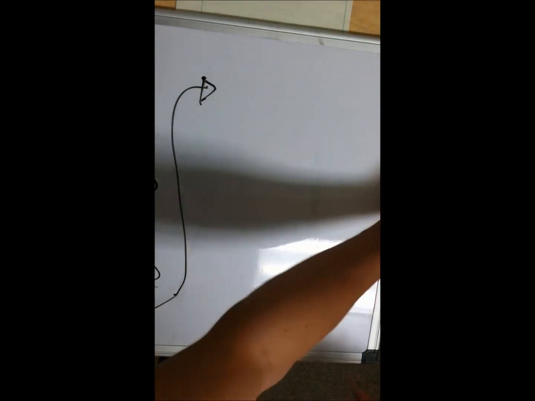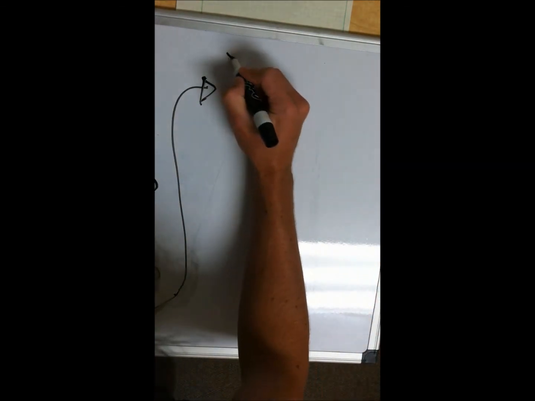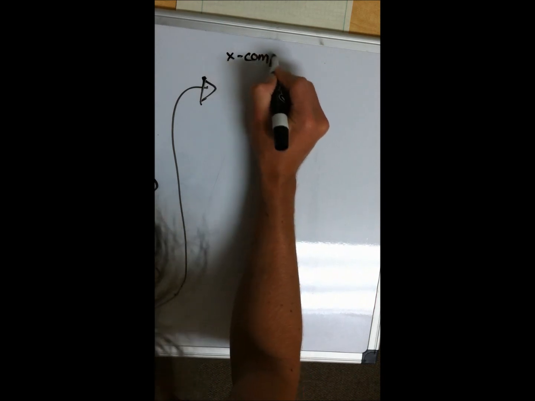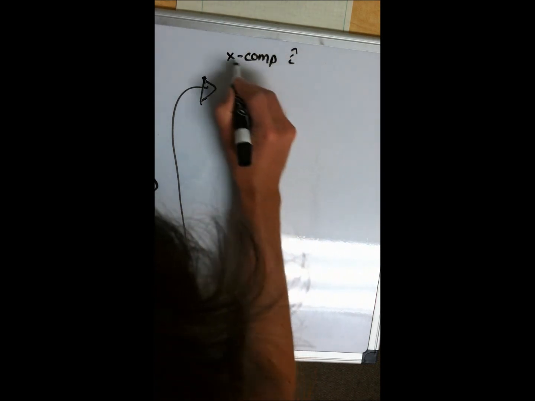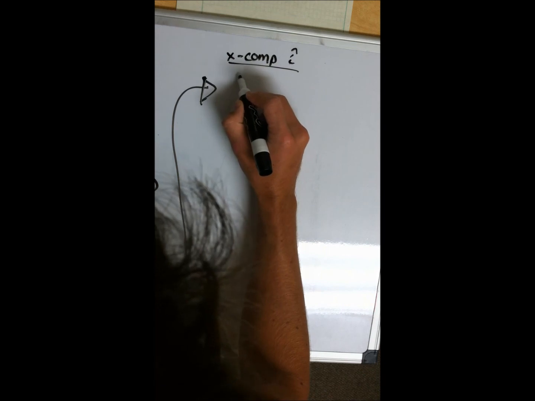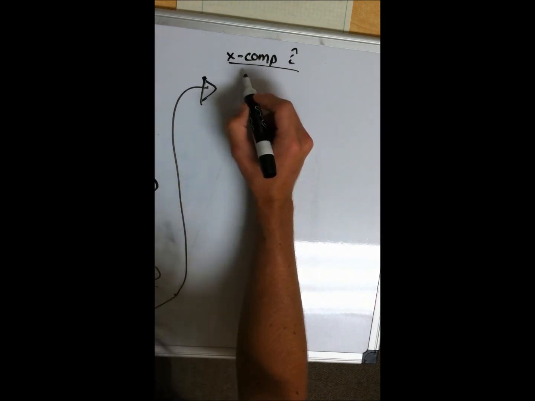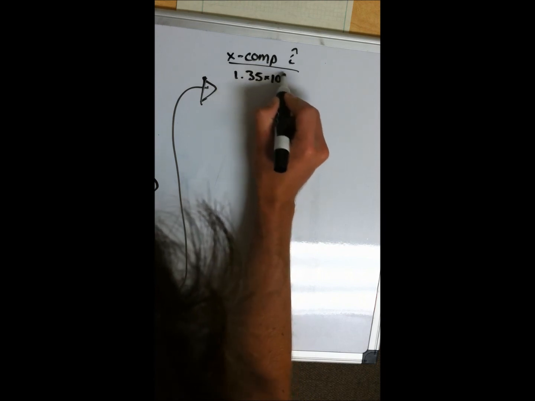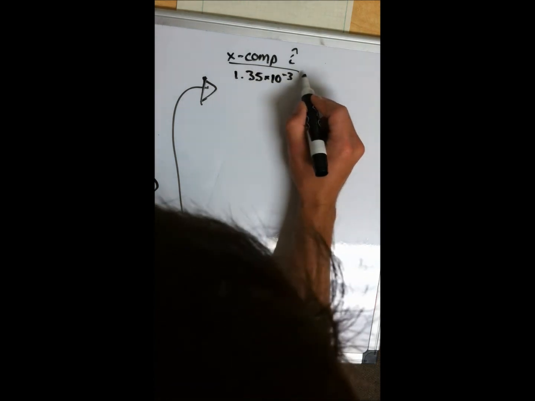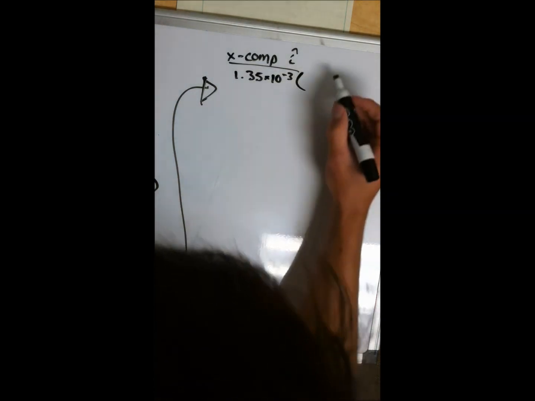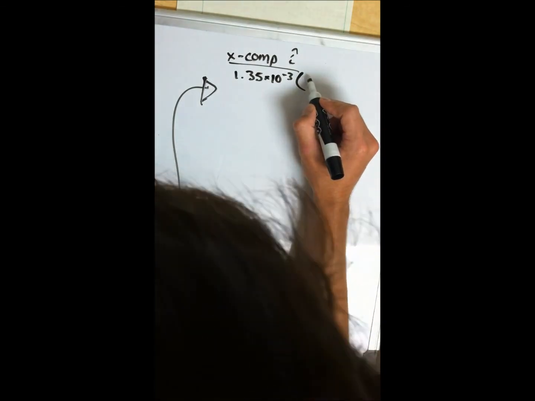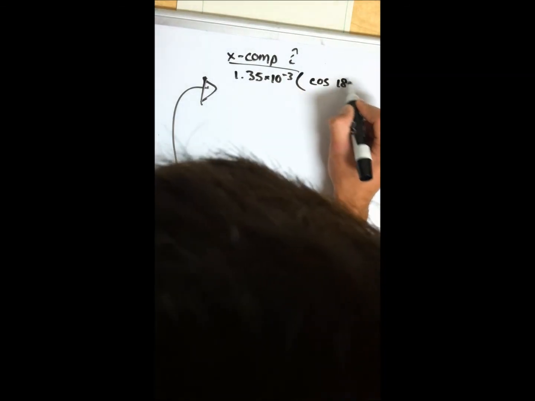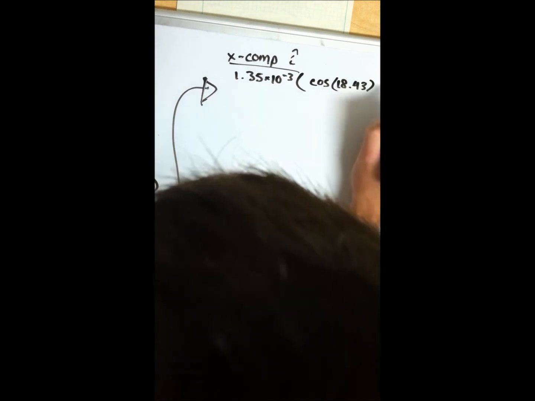So now to get the x component of this, or the i hat direction, we're going to use that angle we found earlier, that 18.43 degree angle. So we're going to have 1.35 times 10 to the negative 3, that force that we've just found, and we're going to multiply that by the cosine of 18.43 degrees.